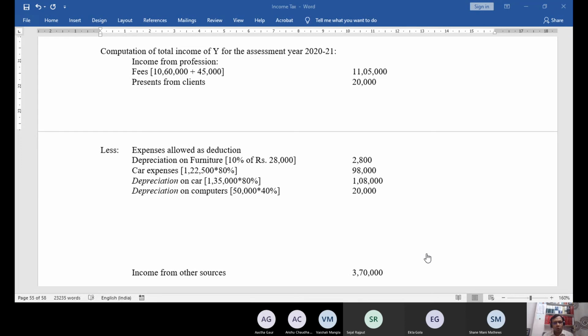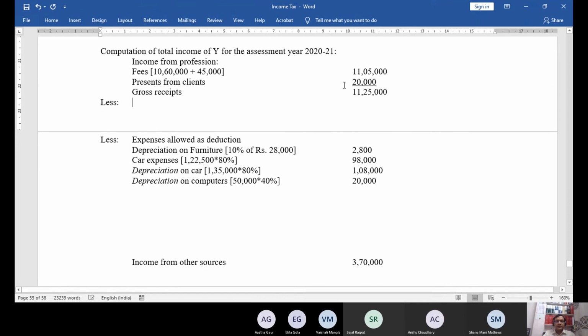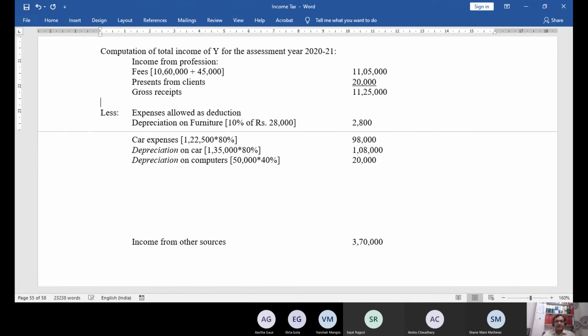No, sir. No, because you have to pay this back to the Provident Fund Authority. So that is not an income. So my income concept is over. These are my gross receipts, 1125. Now I am computing these less items.